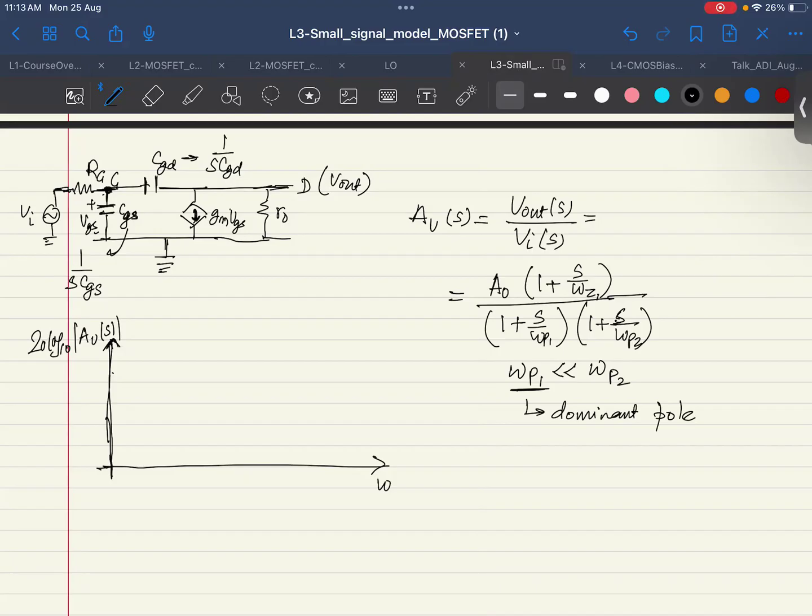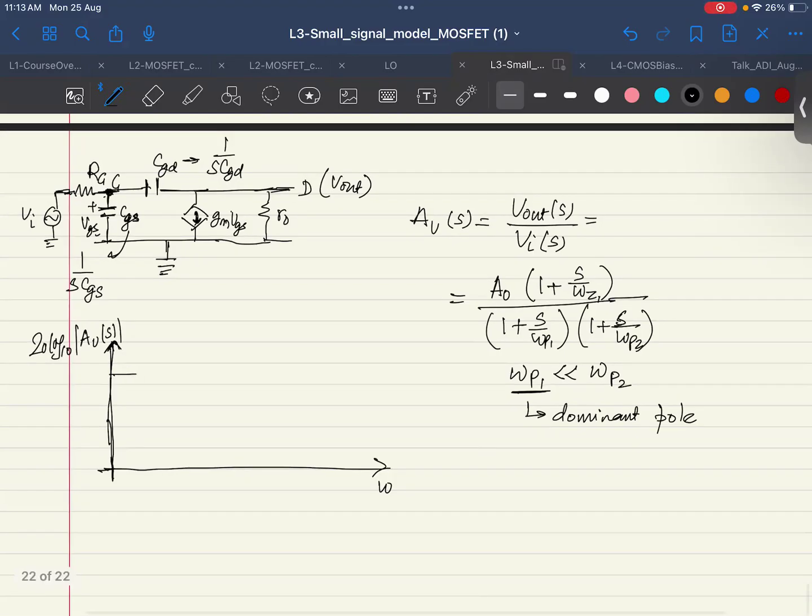So then your gain is constant till omega p1 comes. And after that, as soon as omega p1 comes, your gain starts to decrease by a factor of minus 20 dB per decade, obviously, because it has just encountered one pole, right? And then you arrive at omega p2, which is also lesser than omega z1.